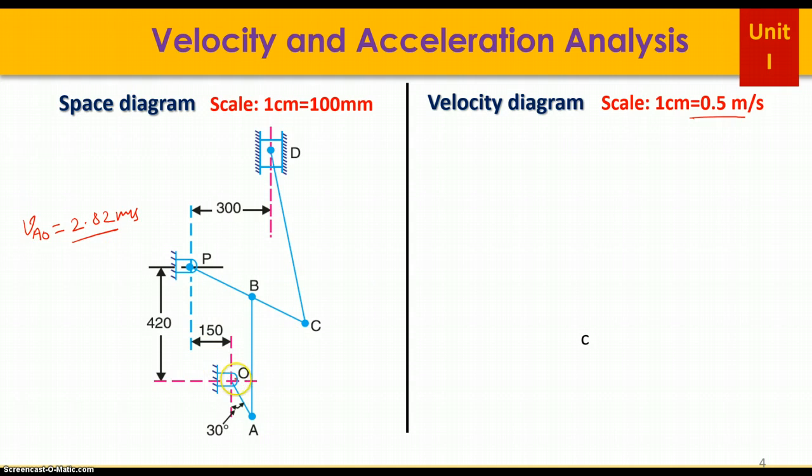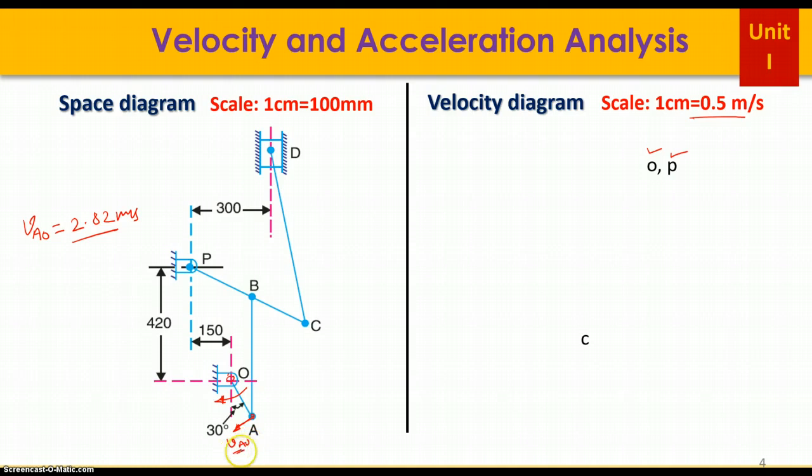Friends, to draw the velocity diagram, you have to first locate the two fixed points O and P here. So I have located point O and point P, which are fixed. Now you have to tell yourself that the velocity of A with respect to O, VAO, is perpendicular to this link, and this link is rotating in the clockwise direction, so this arrow is in the direction of rotation.